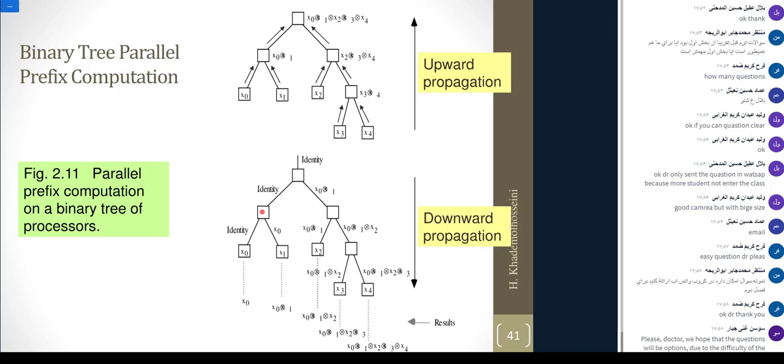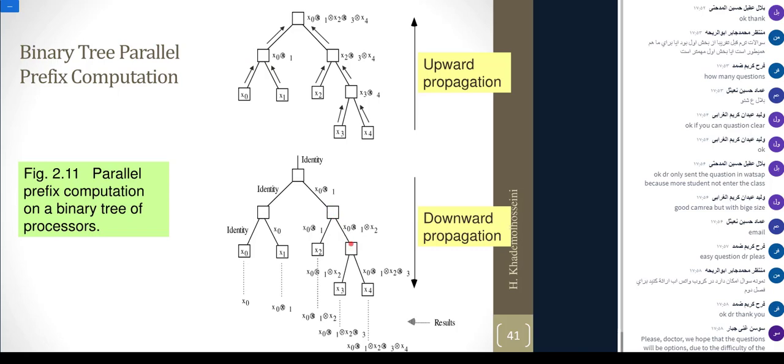You will tell me identity is received from up, x0 is received from left, and the combination of up and left is delivered to right, x0. For example, I ask you, what is delivered to the right child of this node?